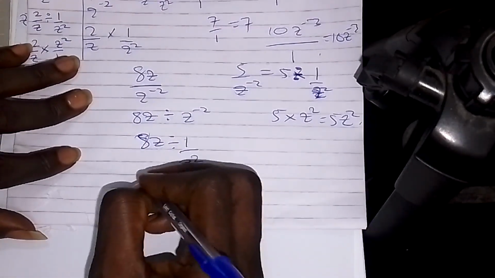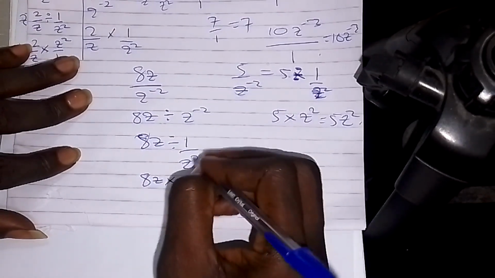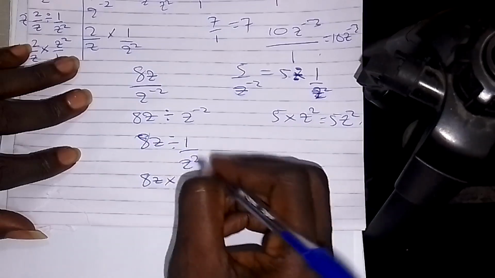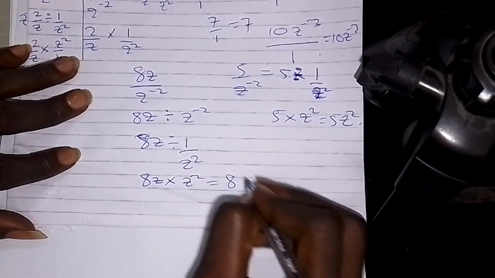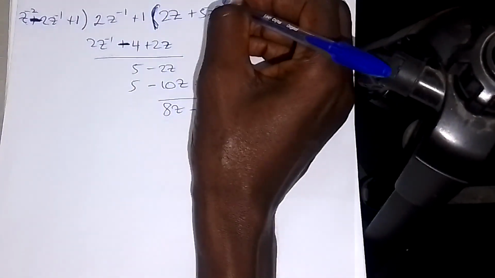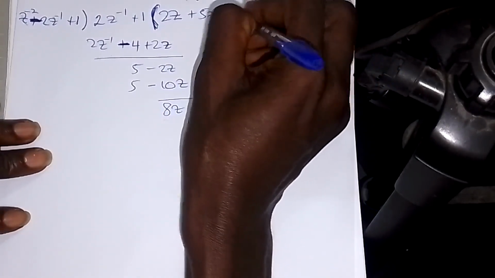And I can say that 8z times, if I do the reciprocal, z squared, which will be 8z cubed. So here I'm going to have plus 8z cubed.